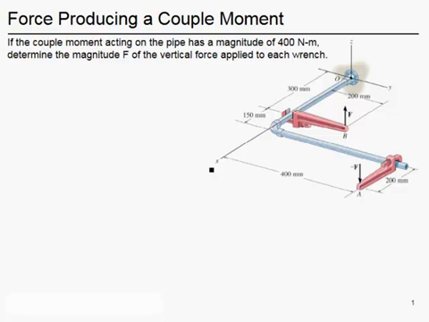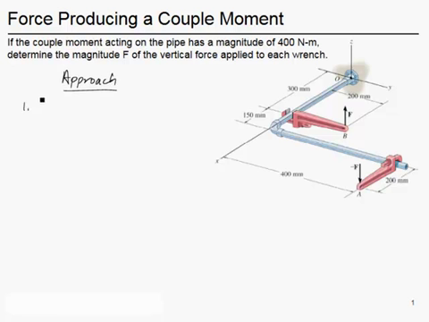So this is asking us to confront this idea of what a couple moment is and how to mathematically describe it. Well, it turns out this problem is actually pretty straightforward if we think of this in a really simplistic way. So let's go ahead and write an approach which explains that.